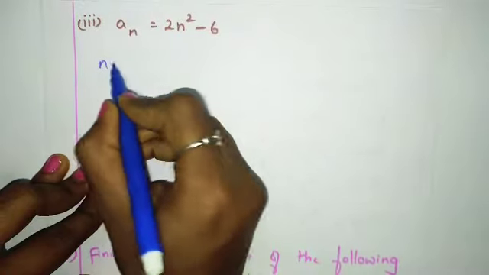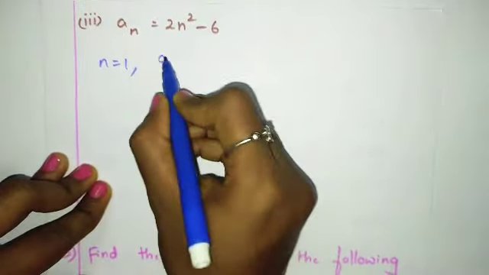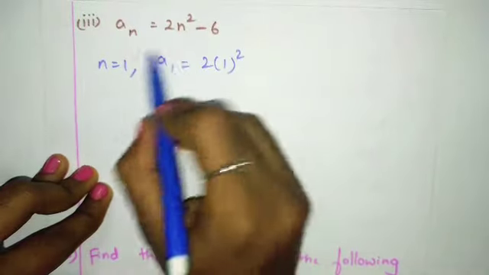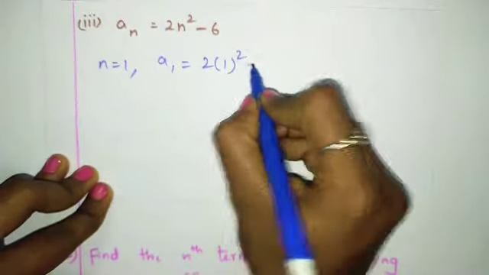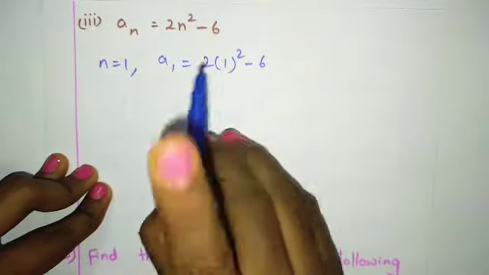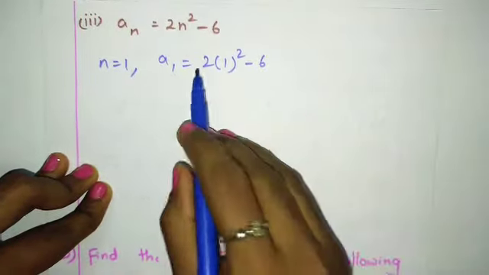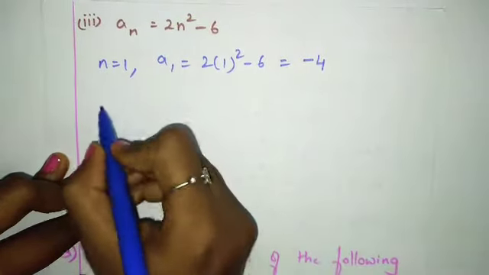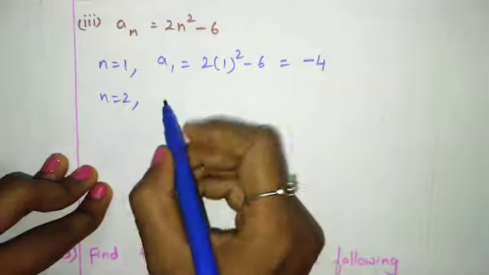So A1: n is equal to 1, so A1 is 2 into 1 square minus 6. Wherever you have n, substitute 1. So 1 square is 1. So 2 into 1 is 2 only, minus 6. So 2 minus 6 is minus 4.